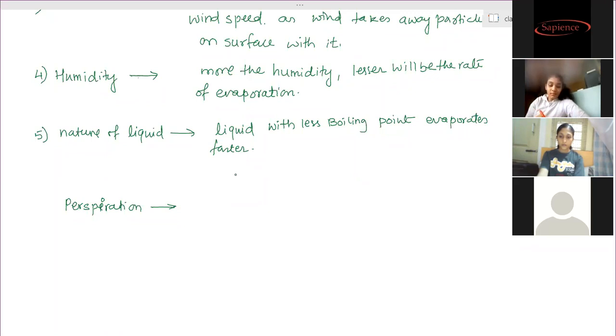On a dry day, when we use a desert cooler, we feel more comfortable. The effectiveness of desert coolers increases on a dry day.